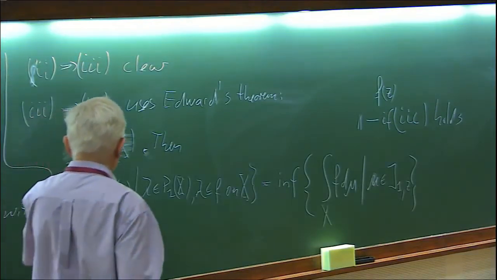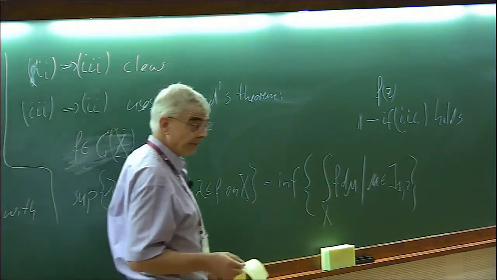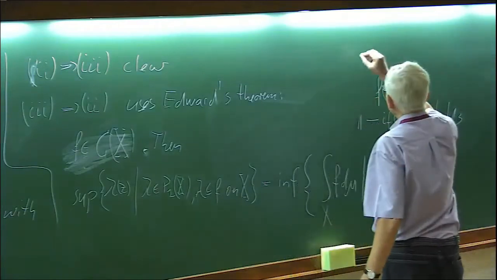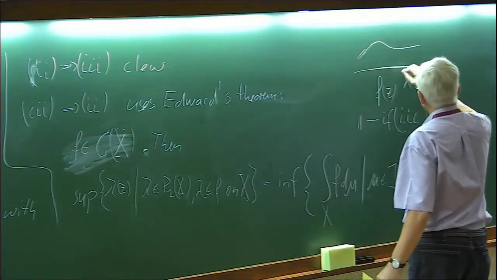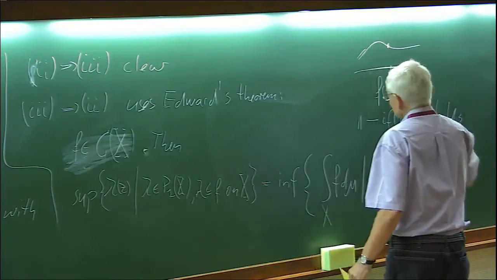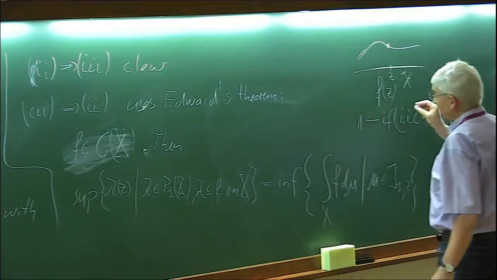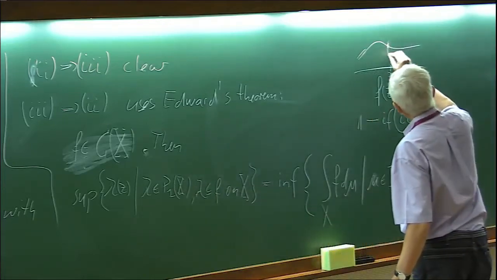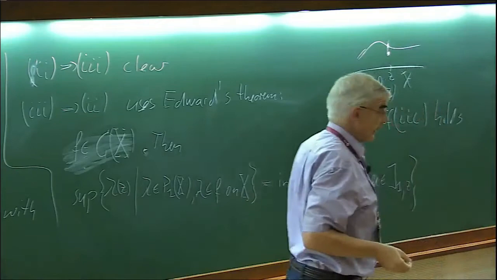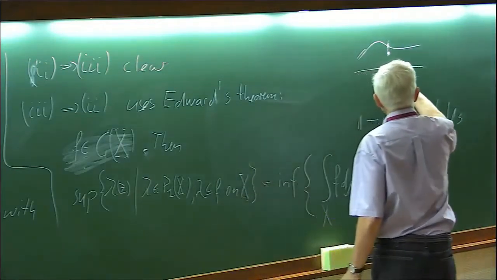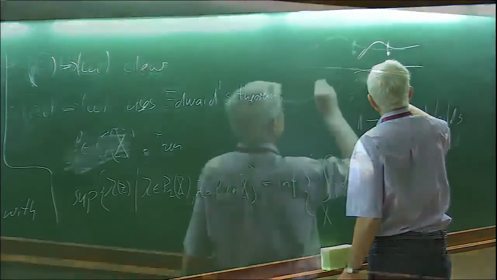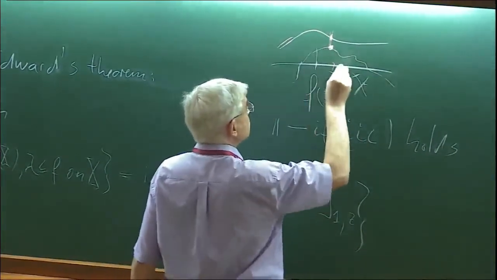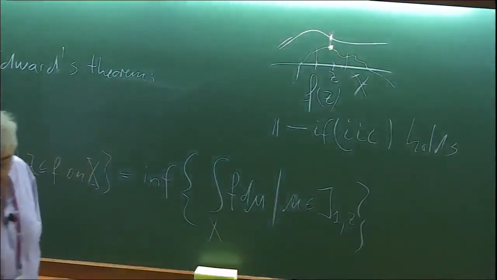So then what this says is the sup over these guys for every point c is f of c. So now here's our continuous function. Here's X. Given an epsilon, I can find the lambda in here so that at the point c, this is going to be close. Then just by continuity, there's going to be some neighborhood where it's close. In other places, maybe not, but here it is. The neighborhood will depend on epsilon, of course, that's fine.